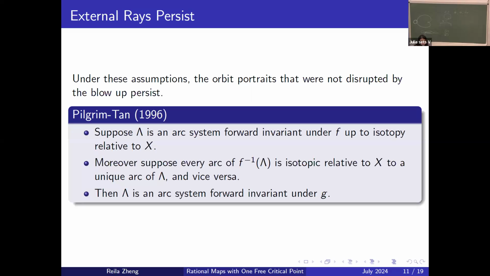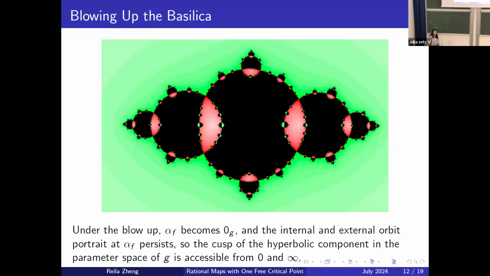Basically, if the external rays are invariant under isotopy relative to the marked points, and all the arcs of the pre-image of the external rays for that orbit portrait are isotopic relative to X to a unique arc, and vice versa. So under these assumptions, you have external rays for the orbit portrait in this new map that got blown up.